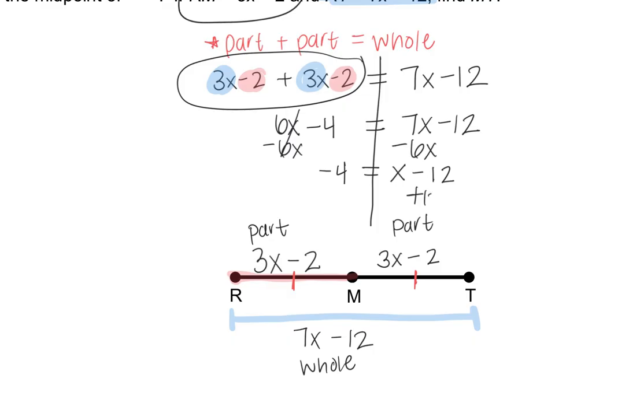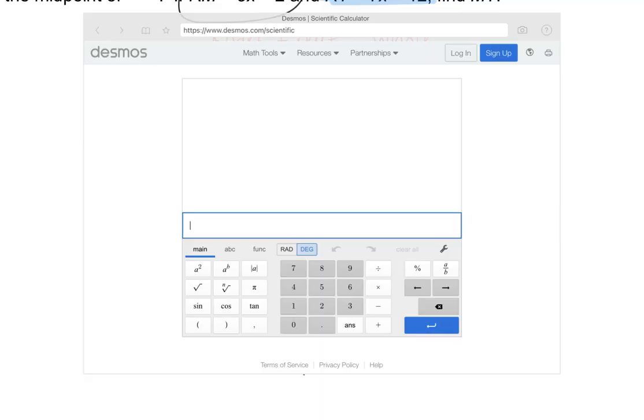I need to add that 12 so it can go away on the right side. And if I go to decimals and put negative 4 plus 12, I get positive 8.